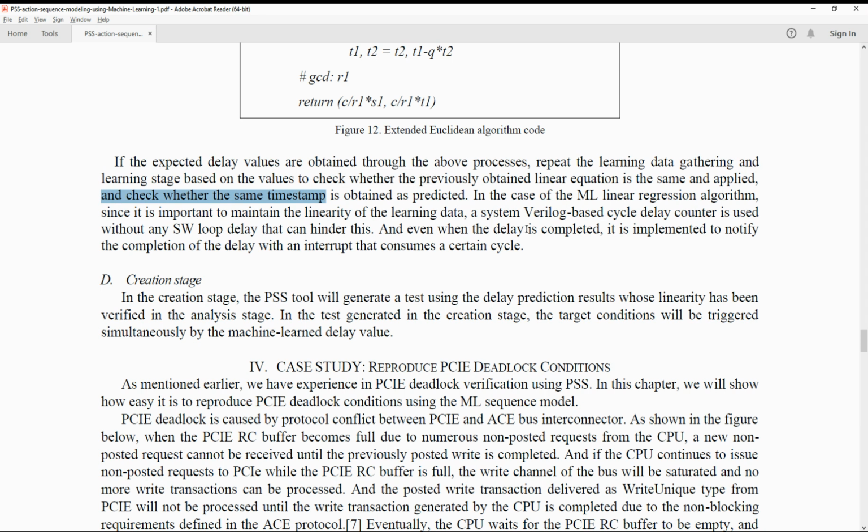In the case of the ML linear regression algorithm, since it is important to maintain the linearity of the learning data, a system value-based cycle delay counter is used without any software loop delay that can hinder this. And even when the delay is completed, it is implemented to notify the completion of a delay with an interrupt that consumed a certain cycle.